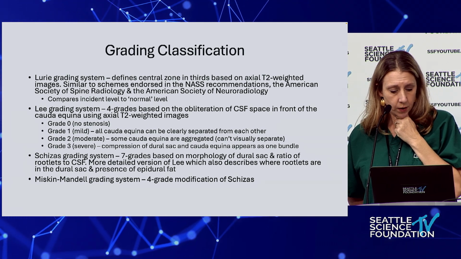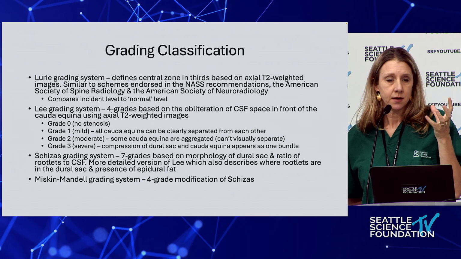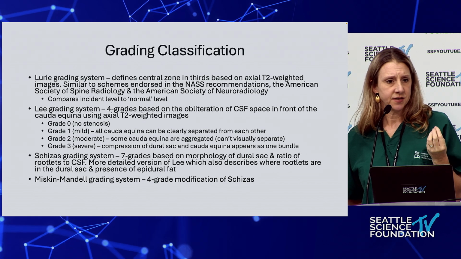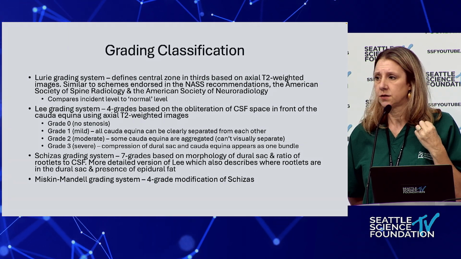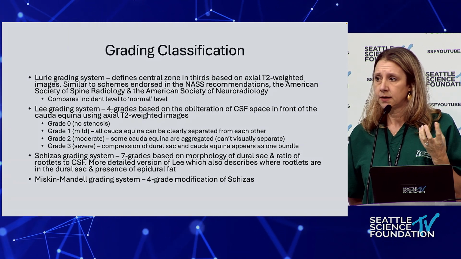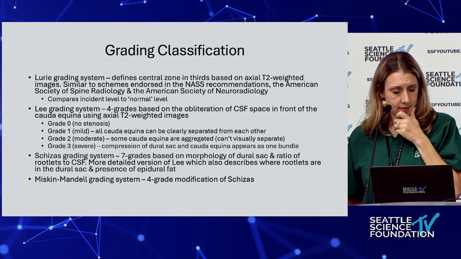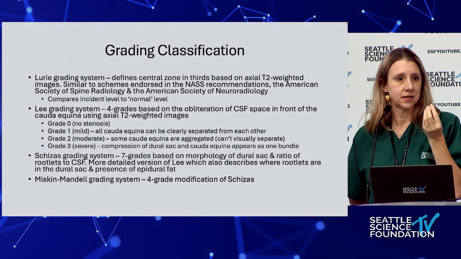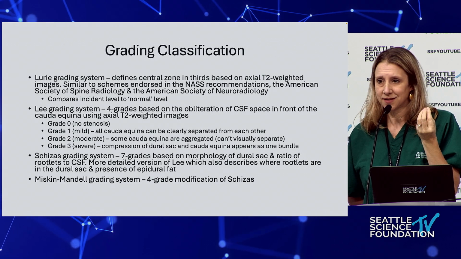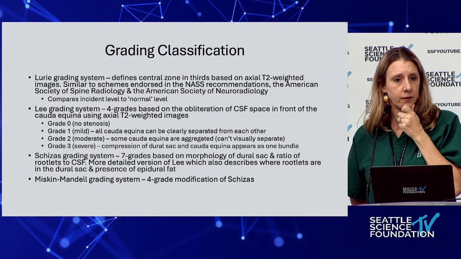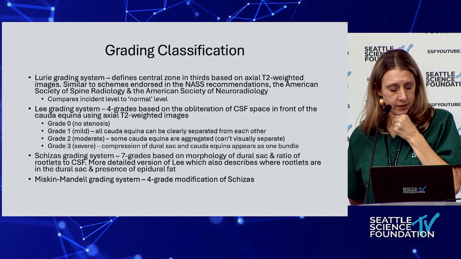Grades 1 and 2 are going to be evident when you start to see less definition between the nerves representing the cauda equina. If they start to become compressed, clustered, and then grade 3 means that it is completely consolidated. There is no white surrounding ring around the compressed cauda equina nerves.